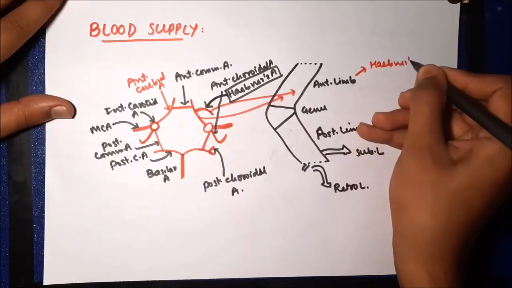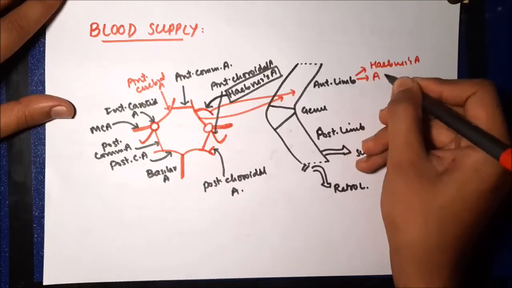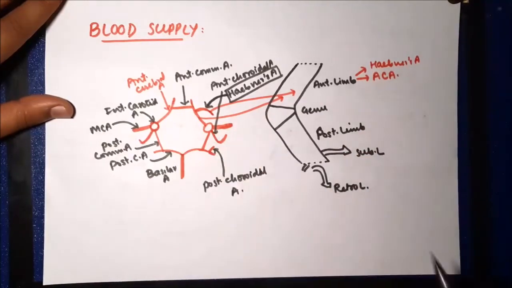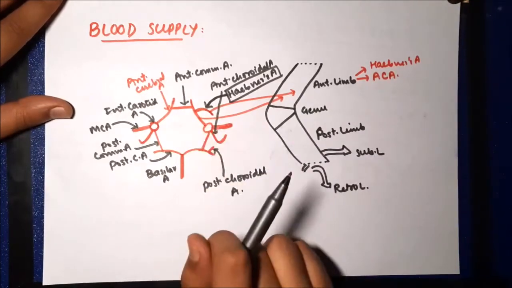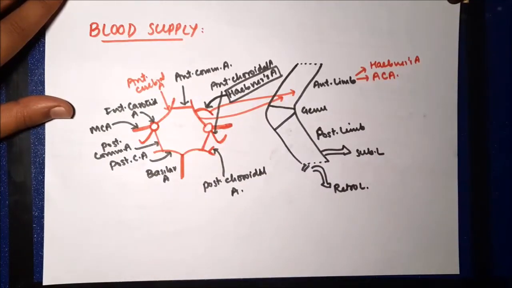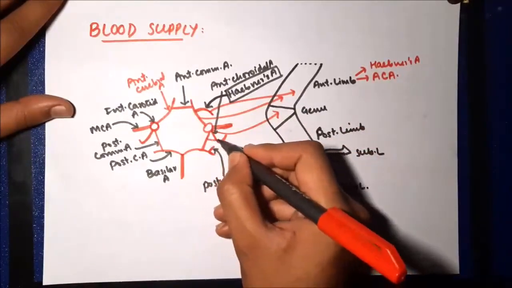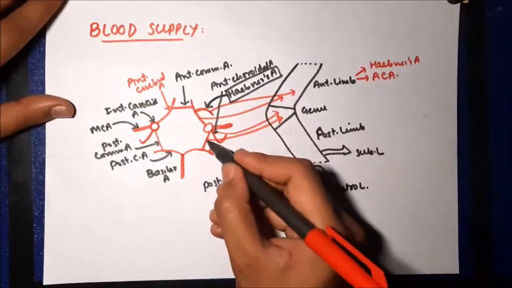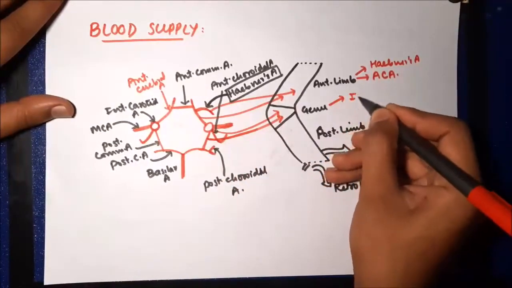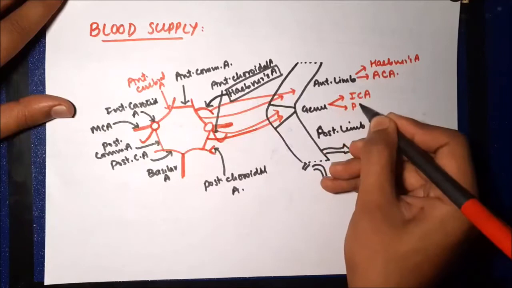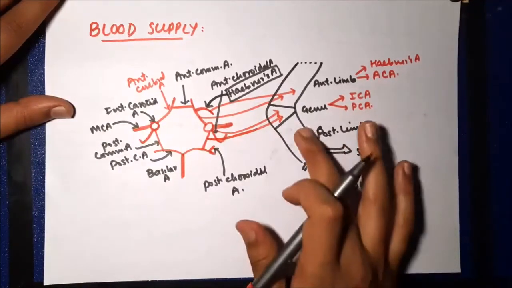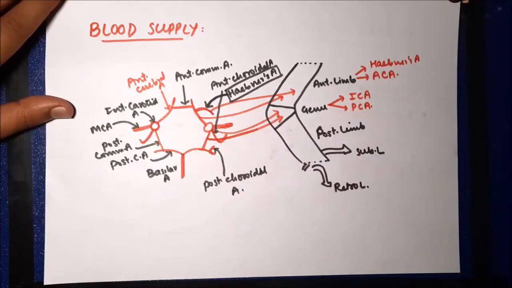Now the genu is supplied by a branch from the internal carotid artery and another branch from the posterior communicating artery.